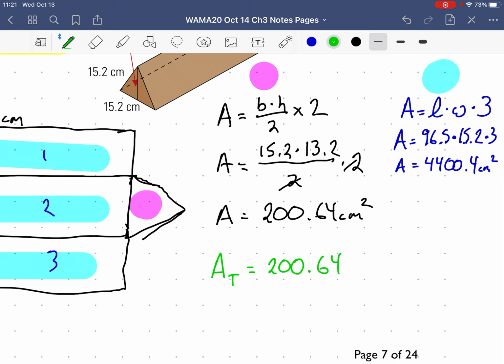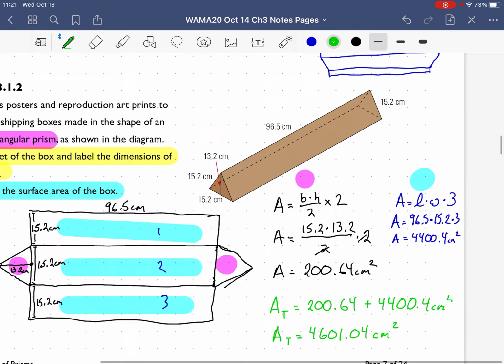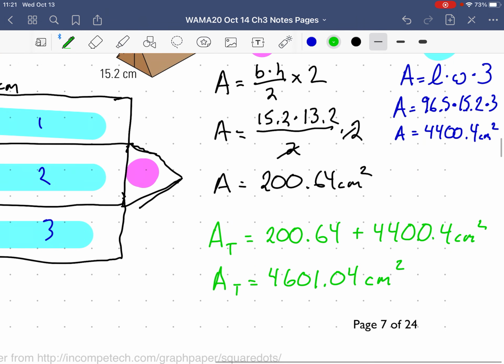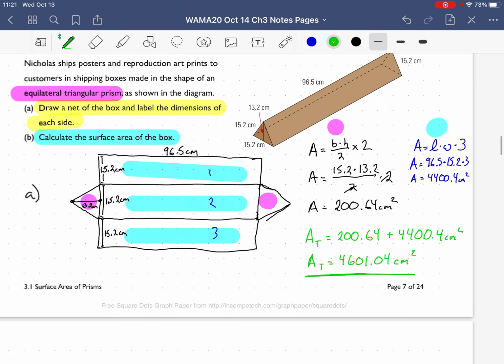A sub t is equal to 200.64 plus 4,400.4 centimeters squared for a total area of 4,601.04 centimeters squared. And that is the total surface area of the box.